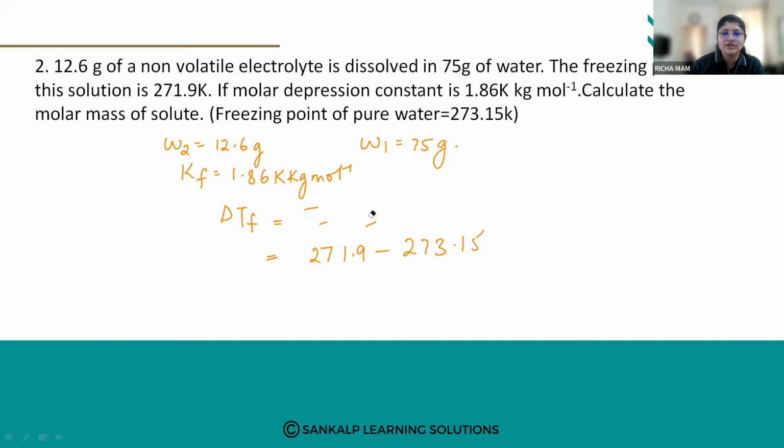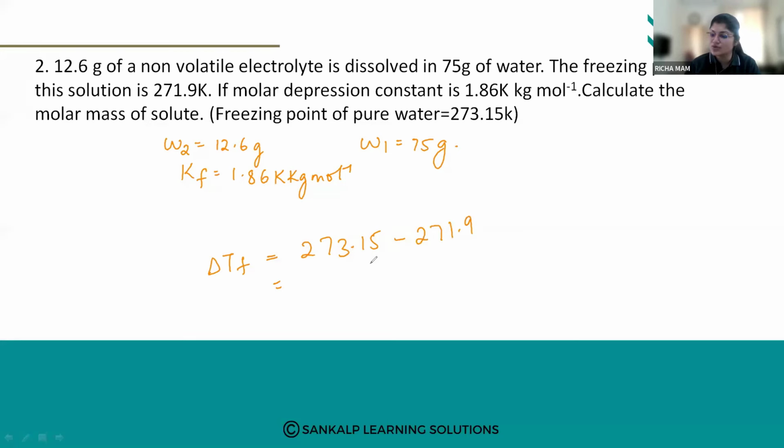So the change delta TF can be calculated as 273.15 minus 271.9. So this comes to 1.25.